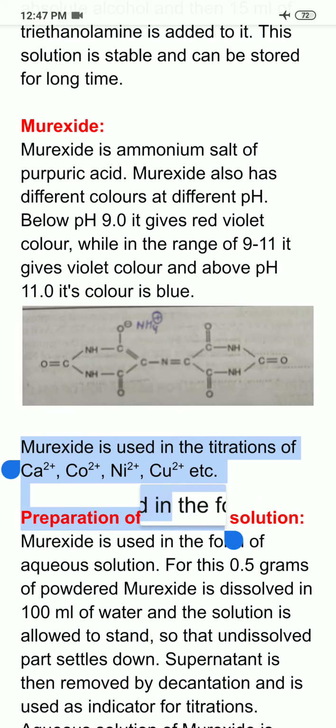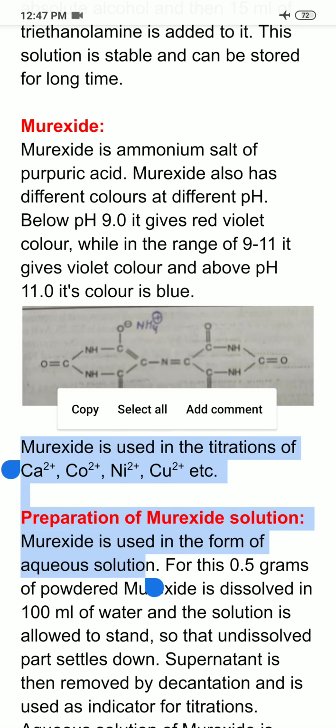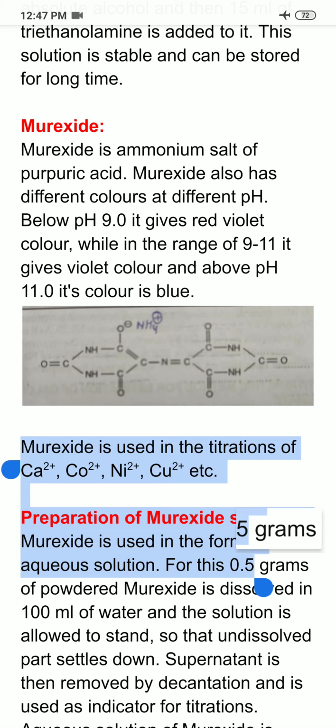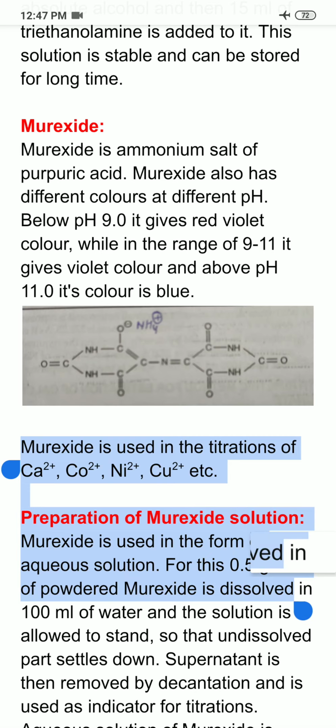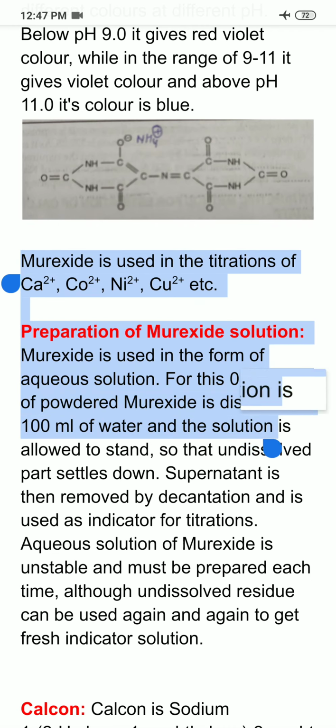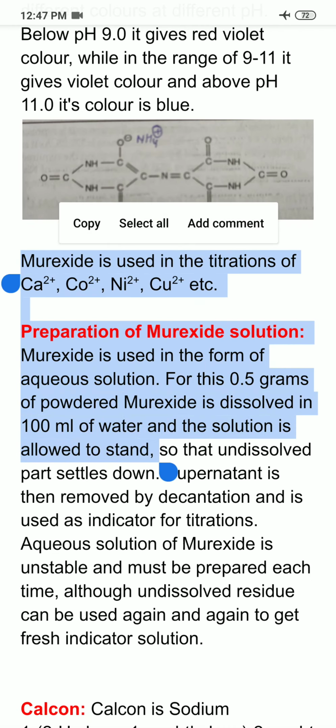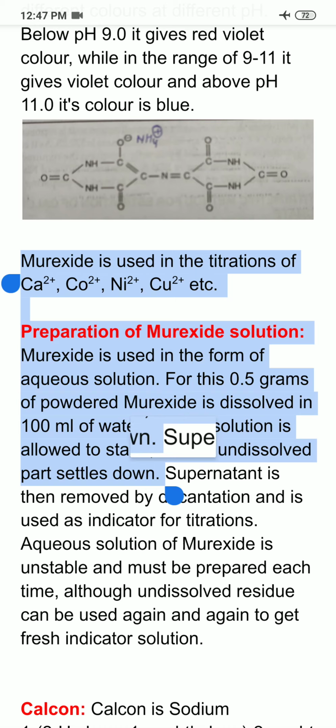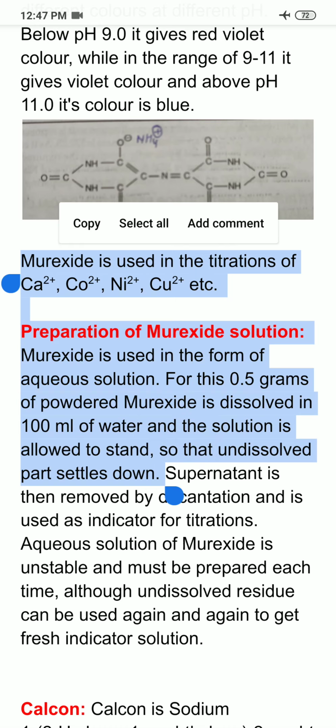Next is preparation of Murexide. Murexide is used in the form of an aqueous solution, and for this 0.5 grams of powdered Murexide is dissolved in 100 ml of water, and the solution is allowed to stand so that the undissolved part settles down. Now when this undissolved part settles down, we need to decant the solution.